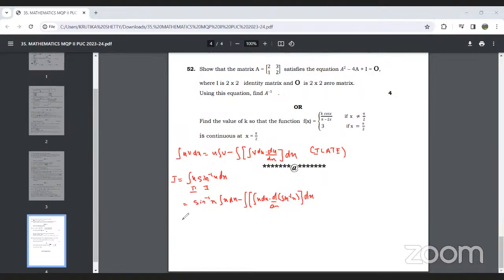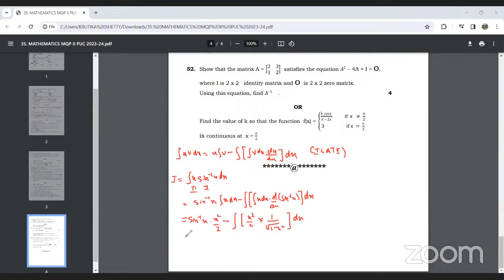On simplifying, sine inverse x as it is, integration of x will be x square upon 2, minus integration of x square upon 2 into the derivative of sine inverse x, which is 1 upon root 1 minus x square dx.